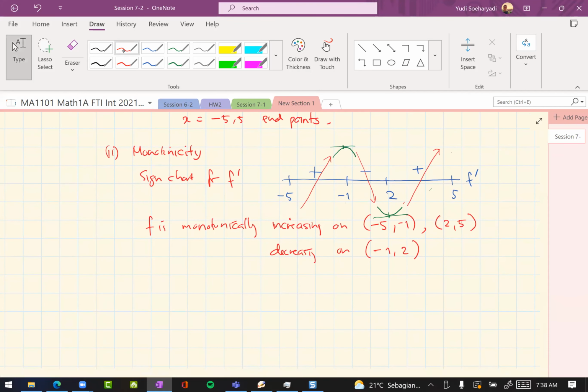Okay, so by comparing f, let's find this out. Plug in -1, what do you get? Plug into the function, not into the derivative.